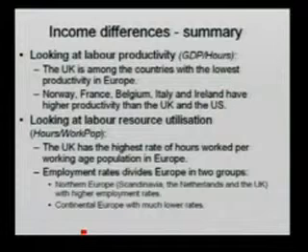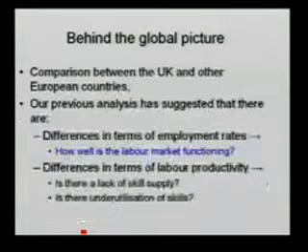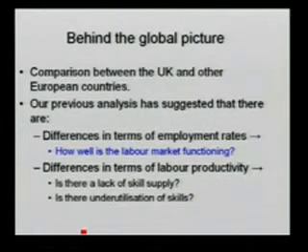But what is important is that the employment rates divide Europe in two parts, Northern Europe and Continental Europe. Now we go behind this global picture, and we want to understand more the differences between the UK and Continental Europe.